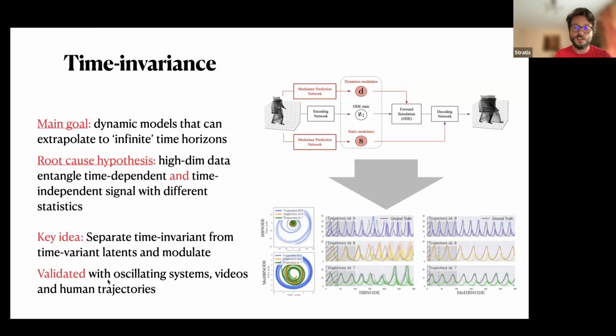So it doesn't work only on, let's say, perception data like videos, but also on scientific recordings. Ilse will now give the overview of the method, and then I will continue further on with the talk after she finishes.